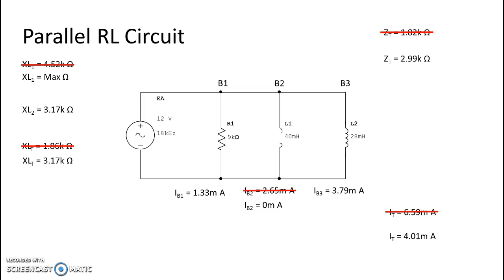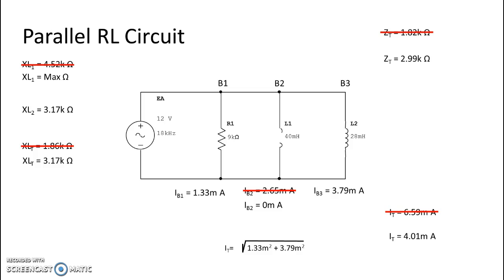All right, and that is really all there is to a parallel RL circuit open. We'll take a look real quick. I'll just flash that up there so you can see it. All you would do is take the combination of branch 1 and branch 2 for that second value, which in this case now is just the current through branch 3, which is that current through L2, and that would be 3.79 milli for total inductive current.